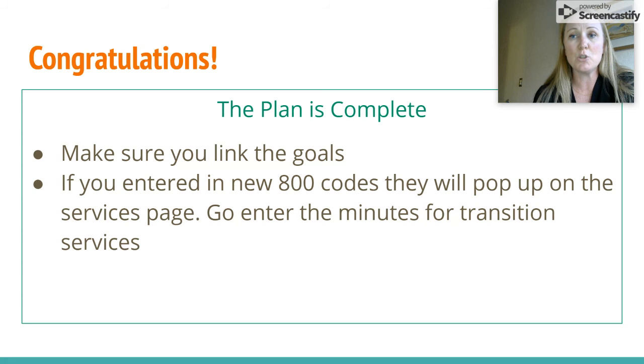And when you enter in new 800 codes on the first page of the transition plan, they're going to pop up on your services page in a new grid. You'll wonder how did these get here? They just automatically generate. So you need to make sure that you go in and enter your transition minutes so that you're meeting those services.